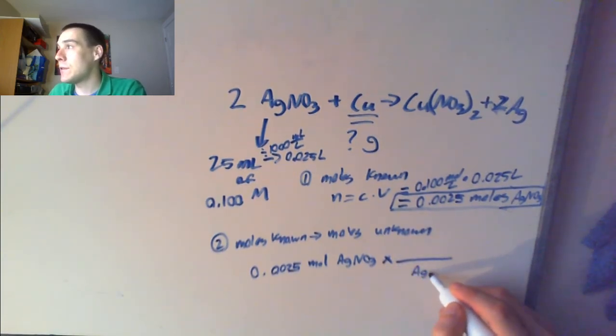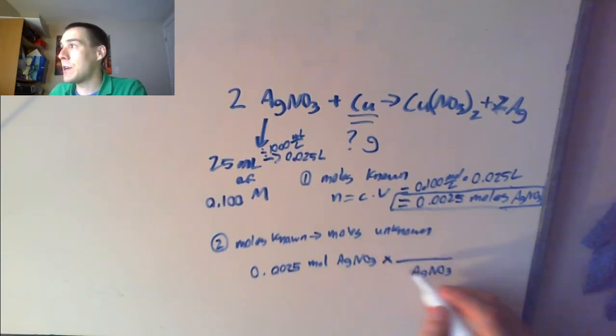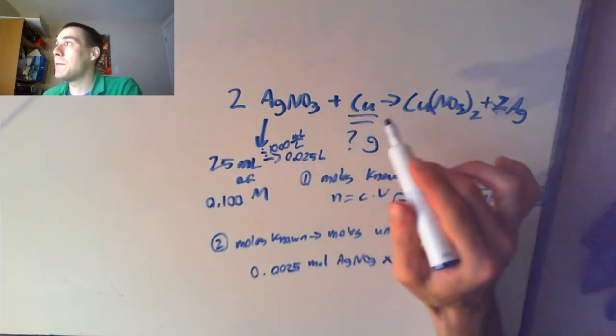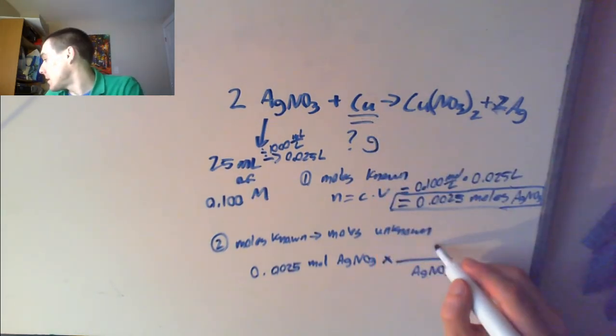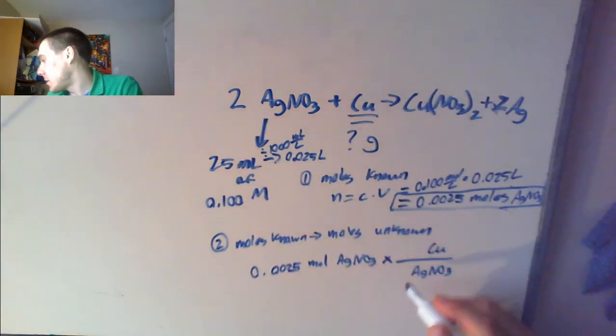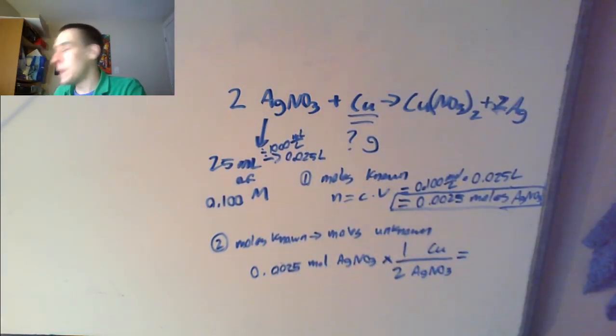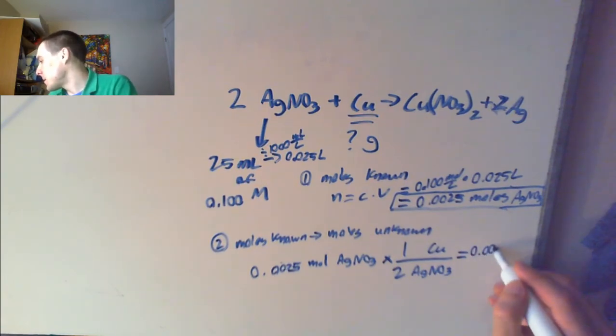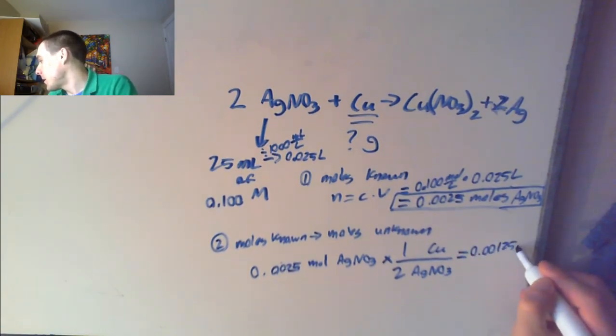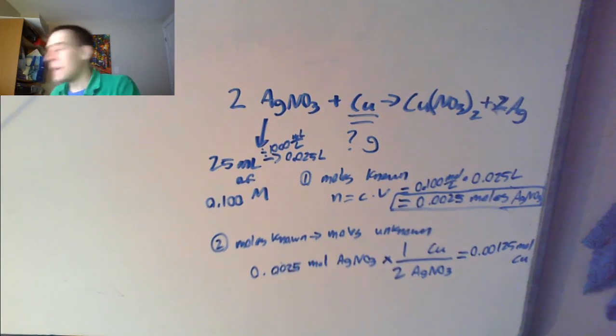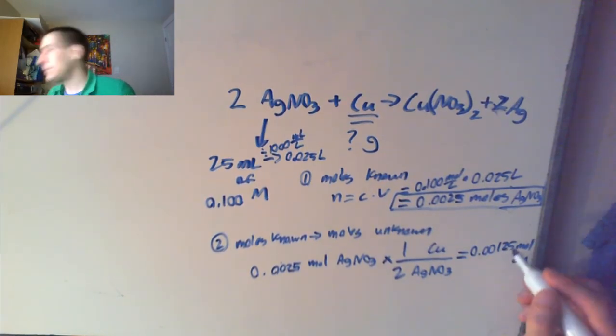The silver nitrate goes on the bottom, because that's what we're trying to cancel. And on top is what we want, the copper. It's 2 silver nitrates for every 1 copper, so we're dividing by 2. It's going to be 0.00125 moles of copper. So that's how many moles of copper I need. It's a very small number.